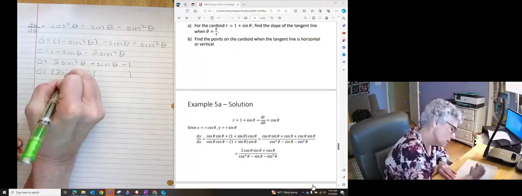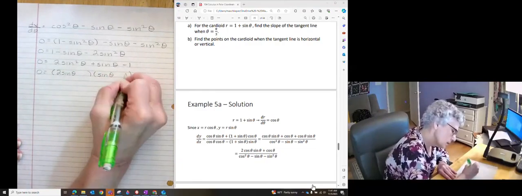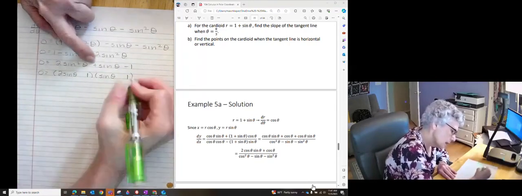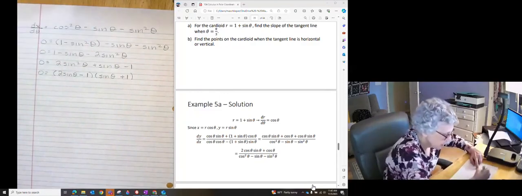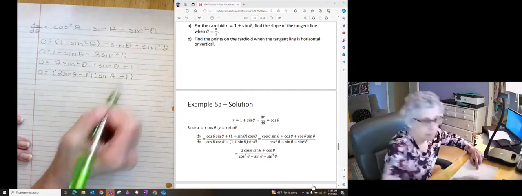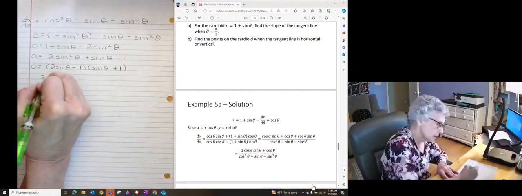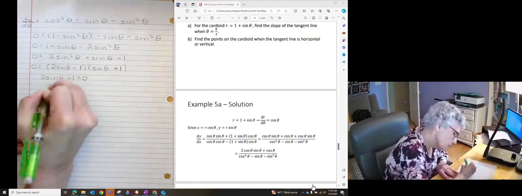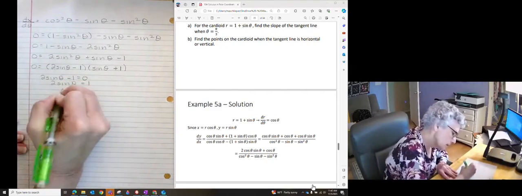So 0 is equal to 2 sine theta, I know I have a 1 and a 1. I need this to be plus, so I put the plus here and the minus there. That way when I do inners and outers, I get plus 1. So 2 sine theta minus 1 equals 0.